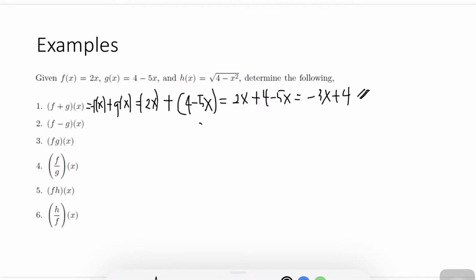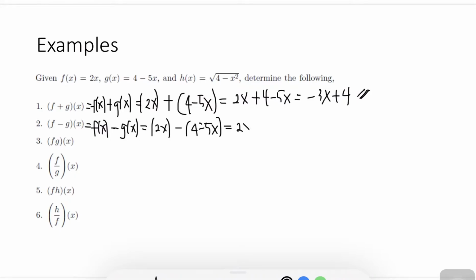Okay, how about if we do subtraction, number 2, minus. So if it is minus, so again, parang distributive lang, minus g of x. So we have f of x is 2x minus, parenthesis, 4 minus 5x. Careful jud ha, use parenthesis para sure.